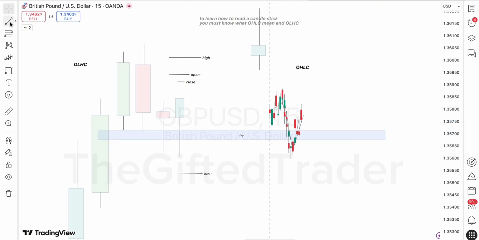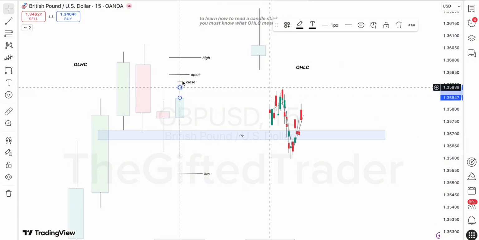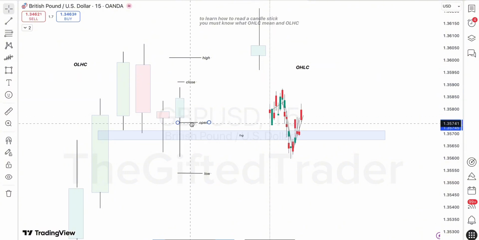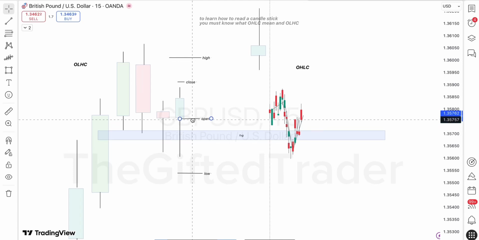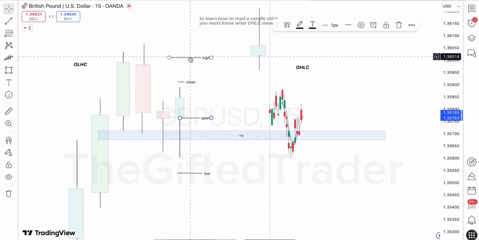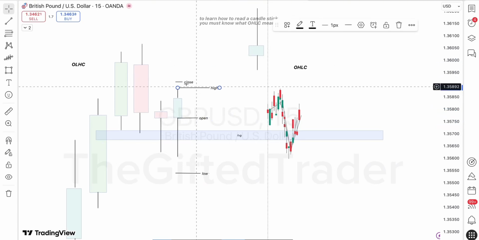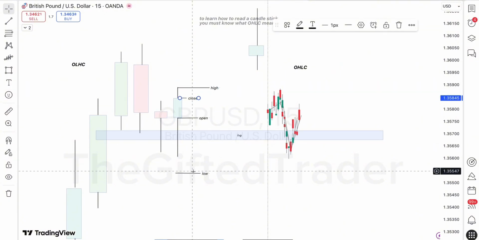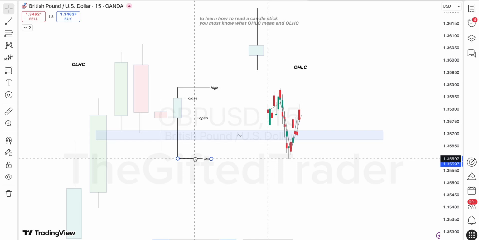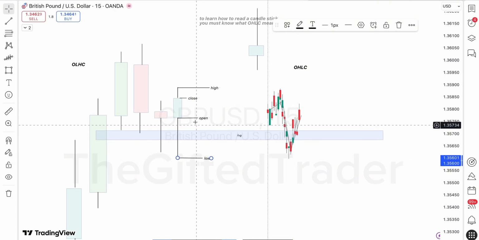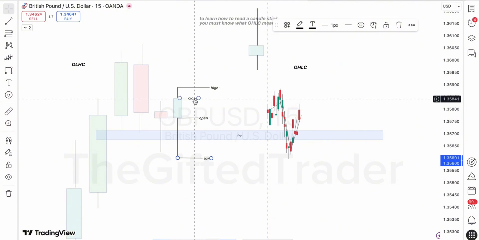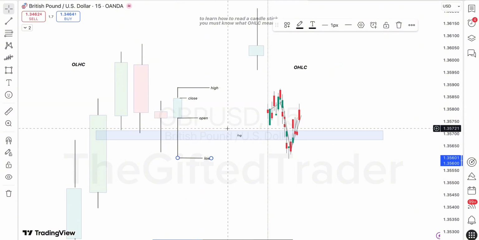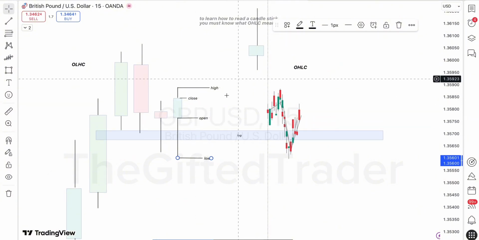This is going to be the open. This is going to be the high. This is going to be the close, and this is going to be the low. That is open, low, high, close.